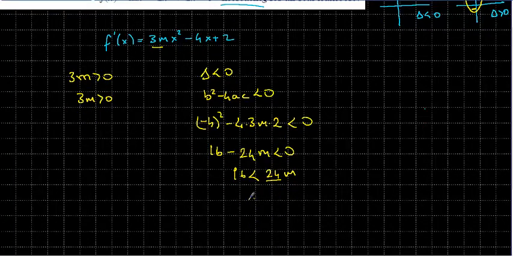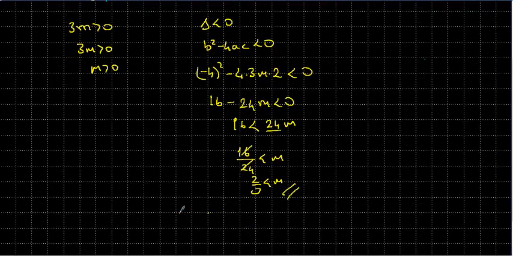Then if we send the 24 to this side, 16 over 24 is less than m. When you simplify, 2 over 3 is less than m. And here m is greater than 0, m is greater than 2 over 3. The intersection of these is that m is greater than 2 over 3.